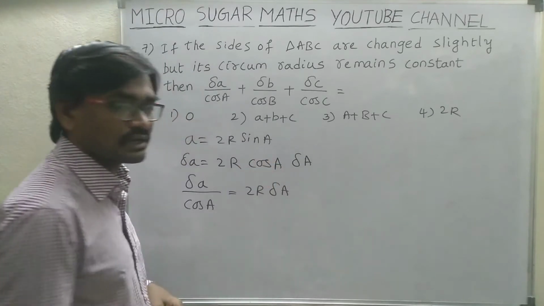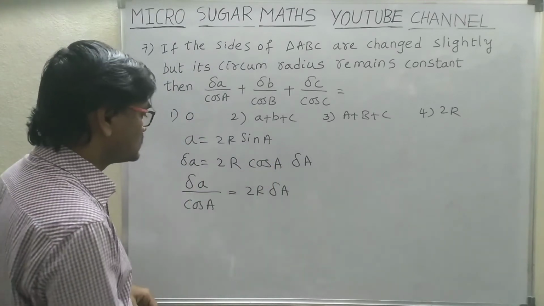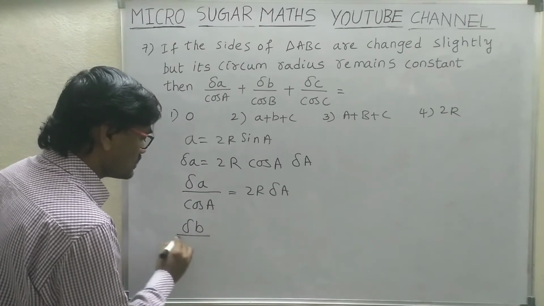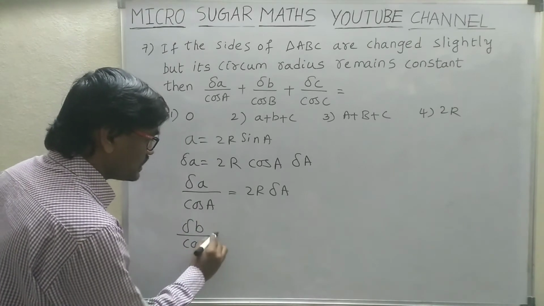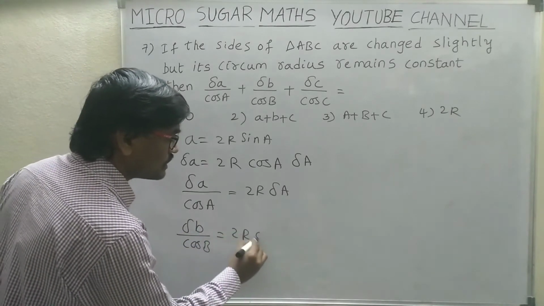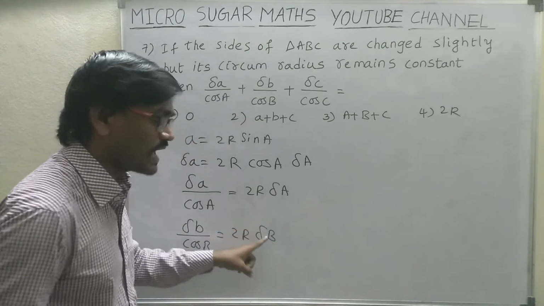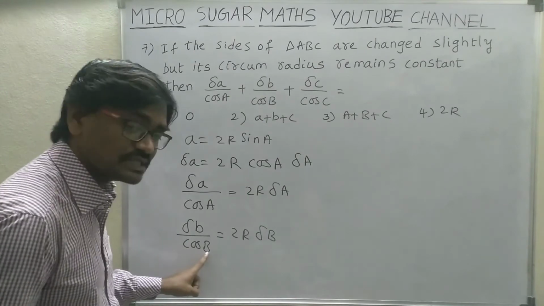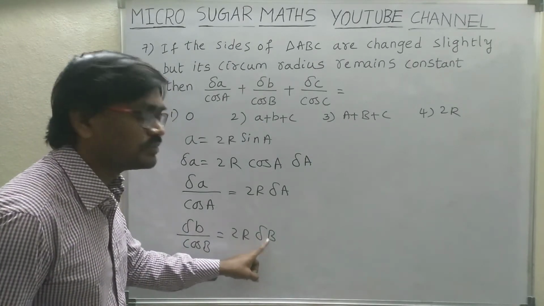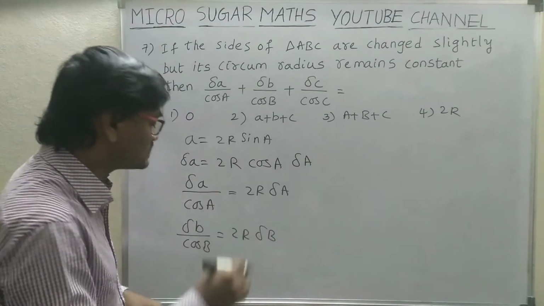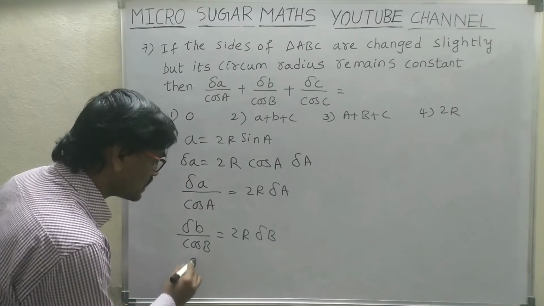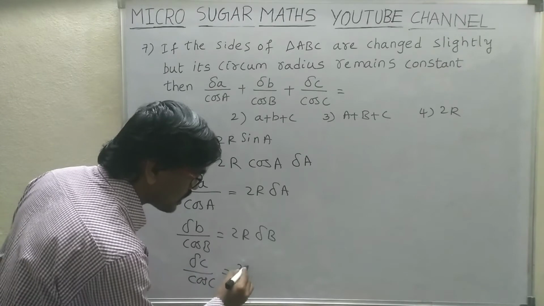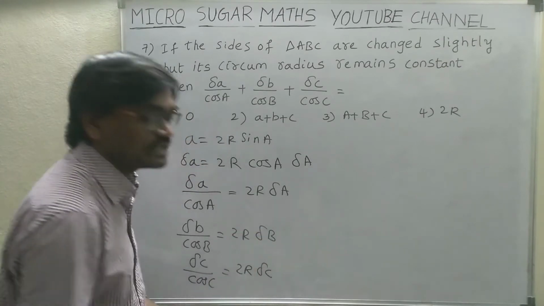Similarly, for angle b, you will get delta b by cos b is equal to 2r delta b. Now students, for angle C, you will get delta c by cos c is equal to 2r delta c.